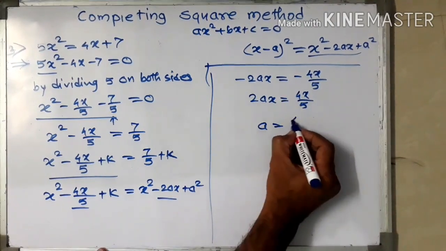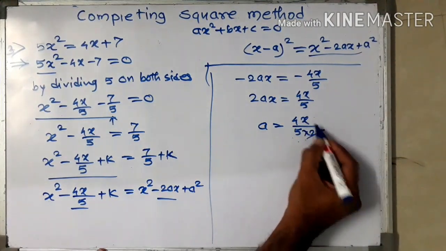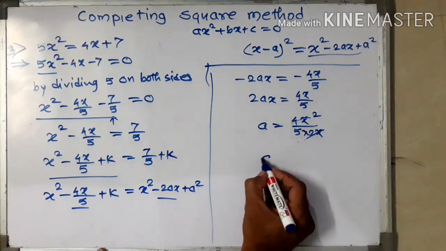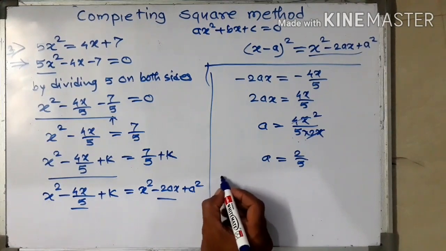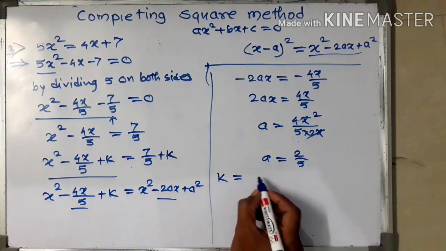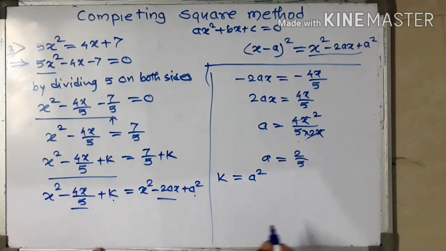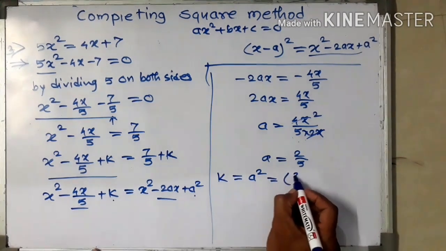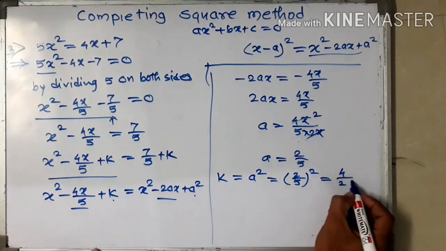The value of a is 4x upon 5 divided by 2x. By reducing it, the value of a is 2 upon 5. Now the value of k is a square. By comparing, a square is (2 upon 5) bracket square, which is 4 upon 25.